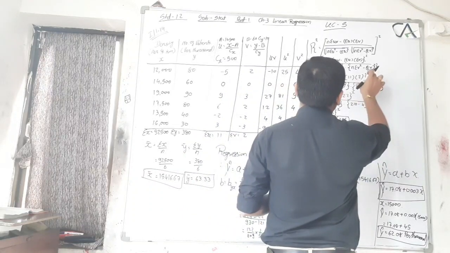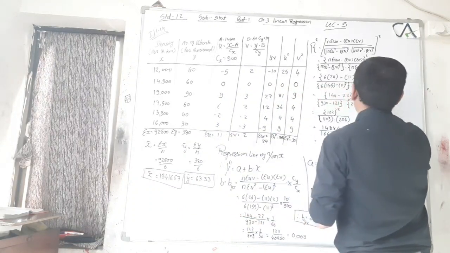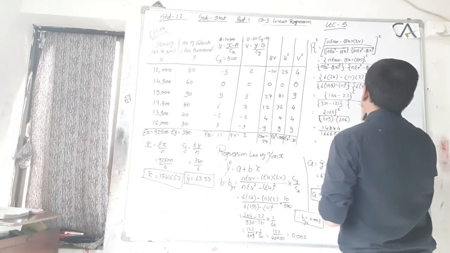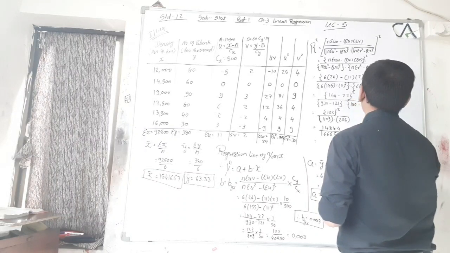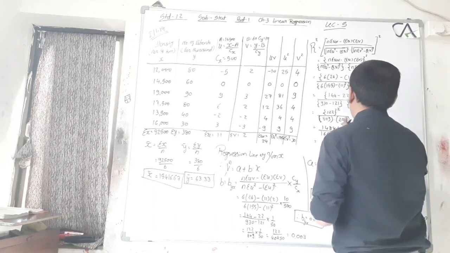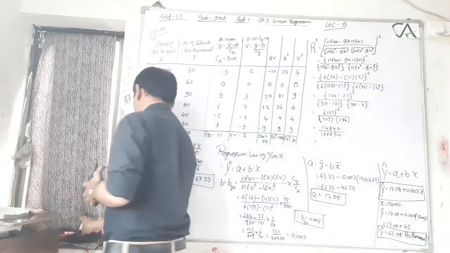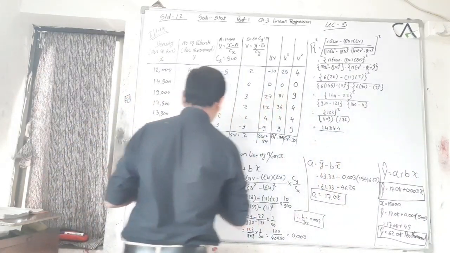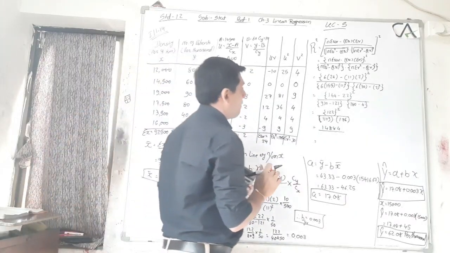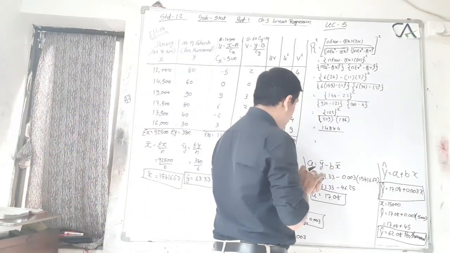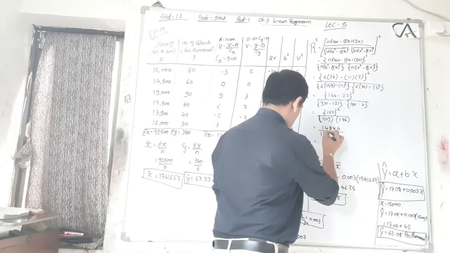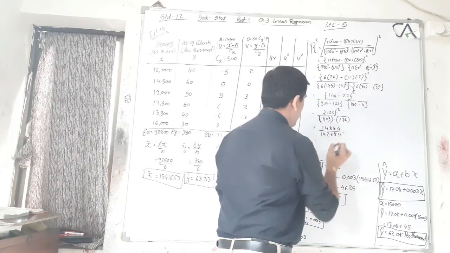So I am wrong. We have to take 6 as n. So here 180, then minus 4 is equal to 176. So again multiply this: 809 into 176, that is 142,384.